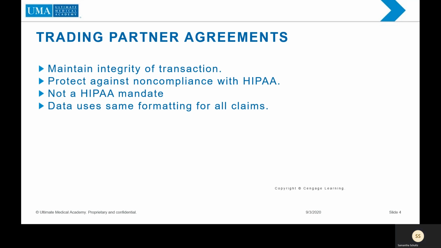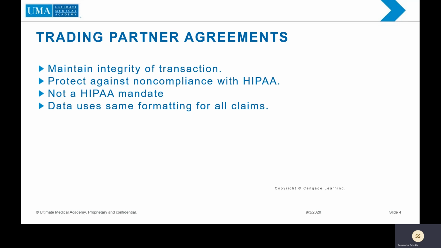So, trading partner agreements. This is between multiple people using the information. These are the things that we have to keep in mind, because when we do send information out to our partners, there are agreements that we are agreeing to.